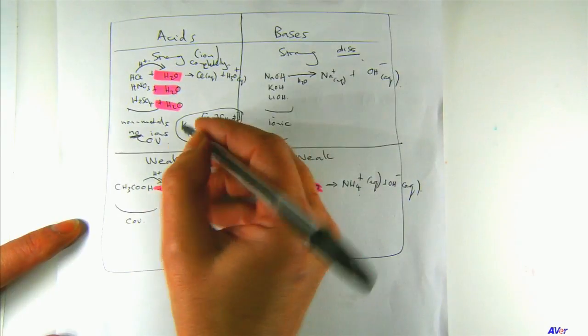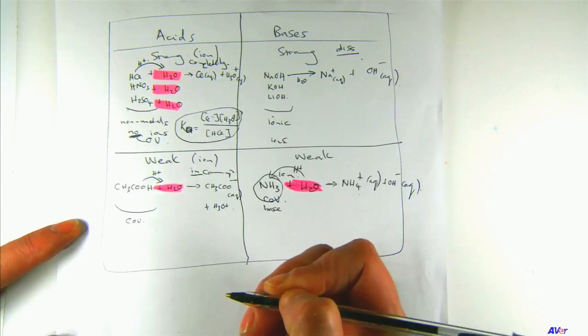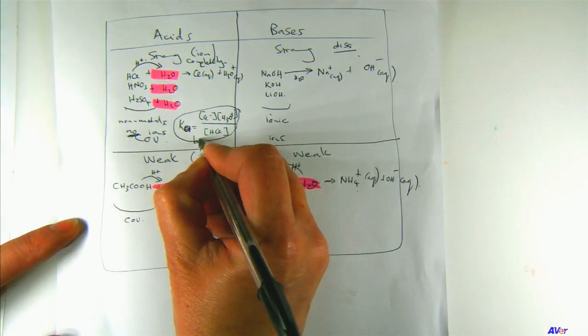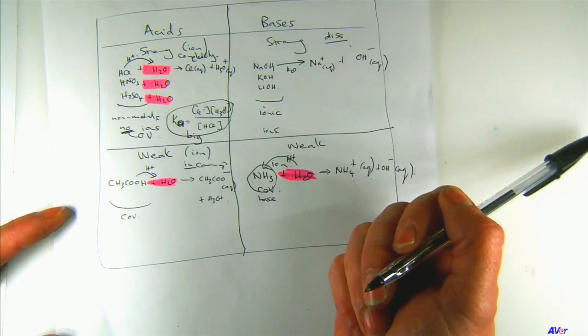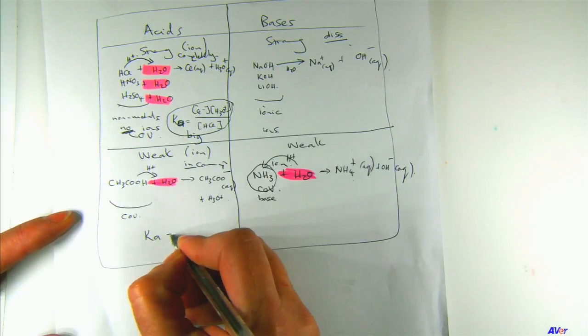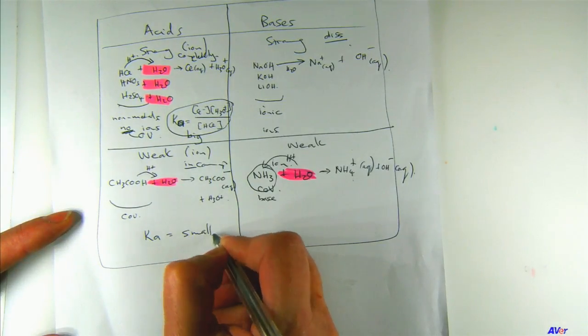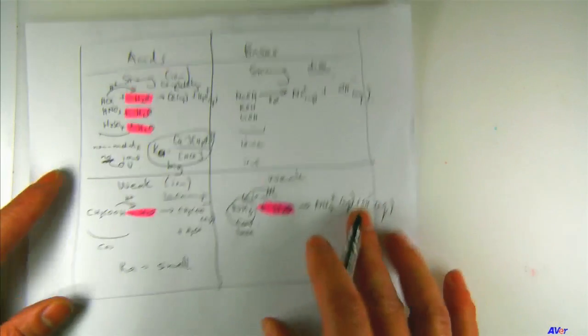So then the Kc, and now we call it Ka because it's an acid, will be very big because most of the things end up dissociated, right? And in the same way, when you look at a weak one, the Ka value will be small because only a few of them produce H+. The rest is staying put in the same original form, right?